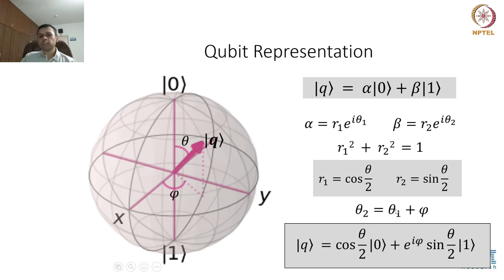Now, how can we just set theta 1 to be 0 and therefore just use phi rather than having two separate values for theta 1, theta 2? Think about our sphere. This is a sphere. We can have the sphere in any frame of reference, or in any rotated position. So as long as we put it in a position where we assume that one of the thetas can be 0, then our vectors can be represented using simply the difference between the thetas.